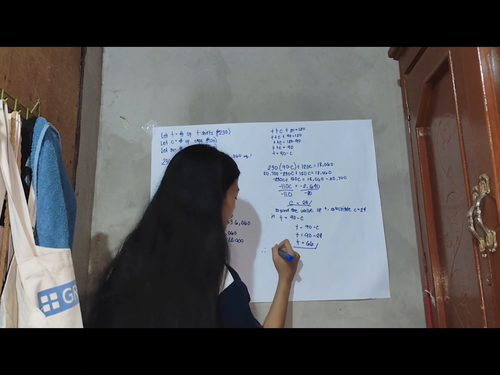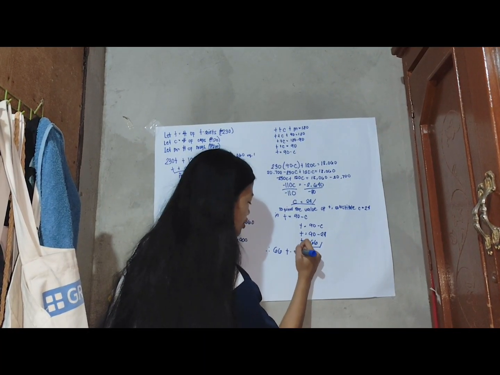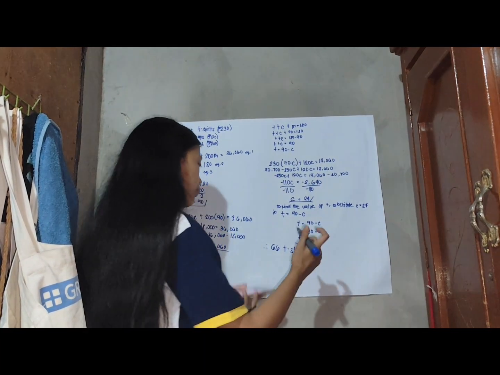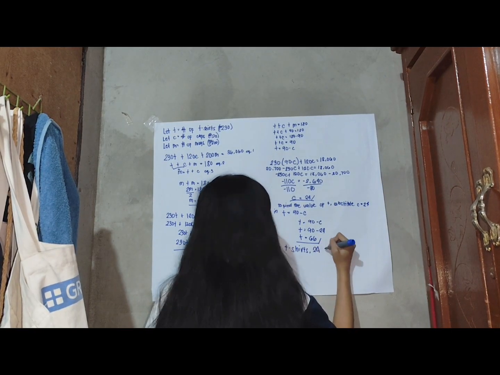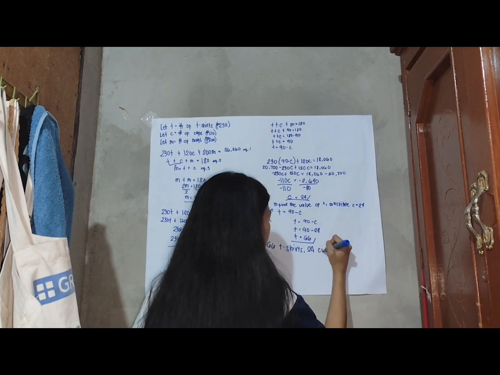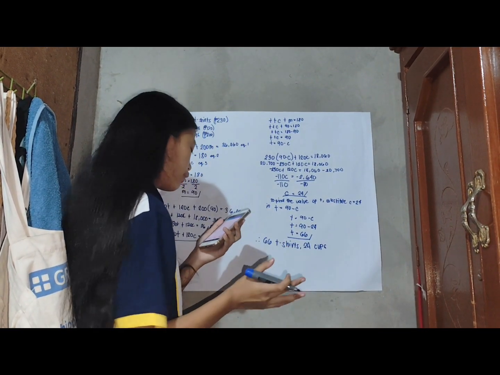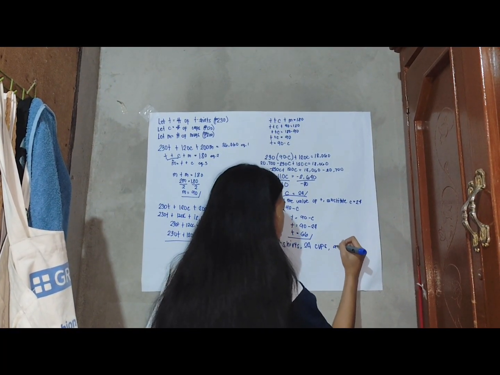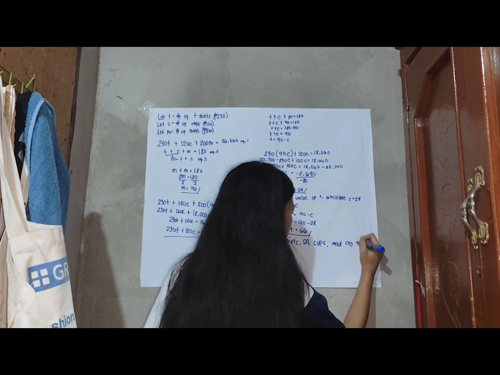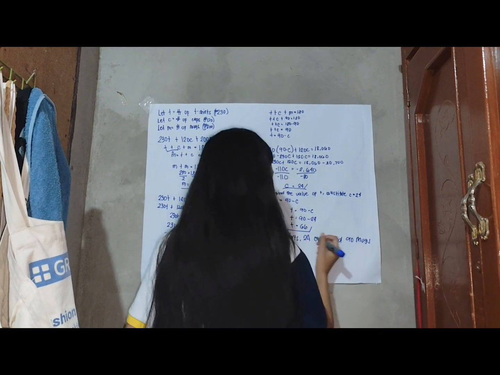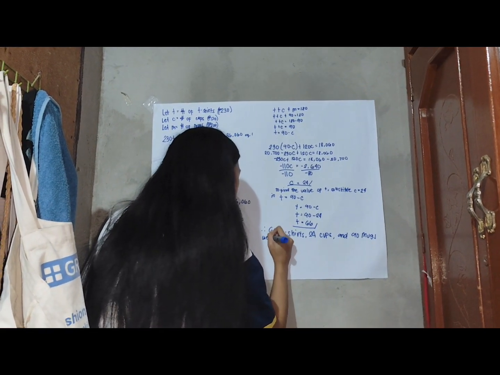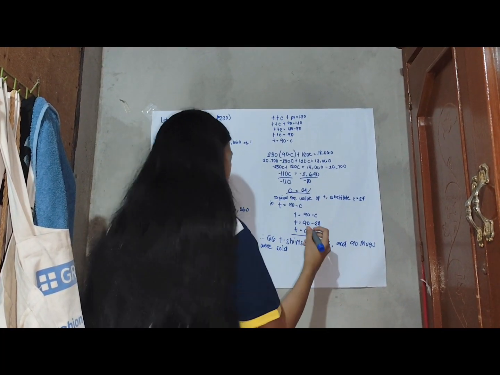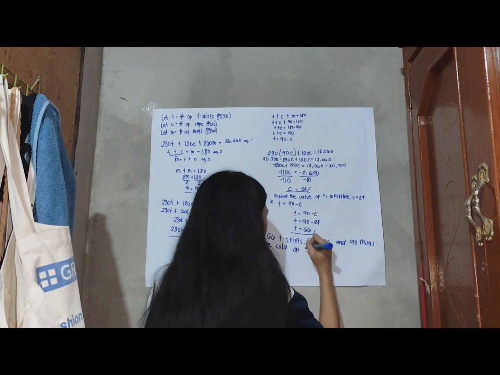Therefore, 66 t-shirts, 24 cups, and 90 mugs were sold at the fundraising project.